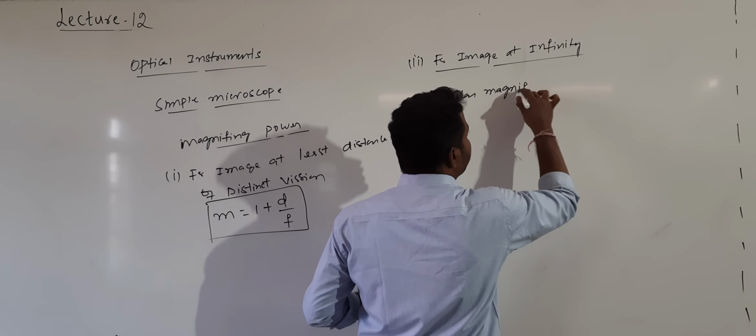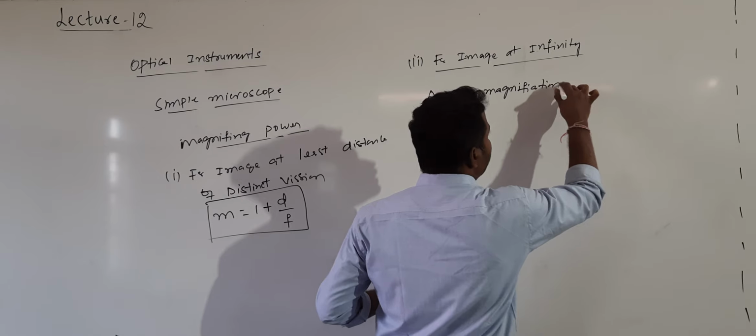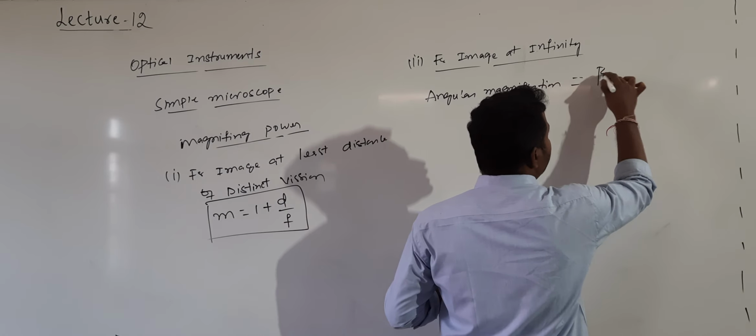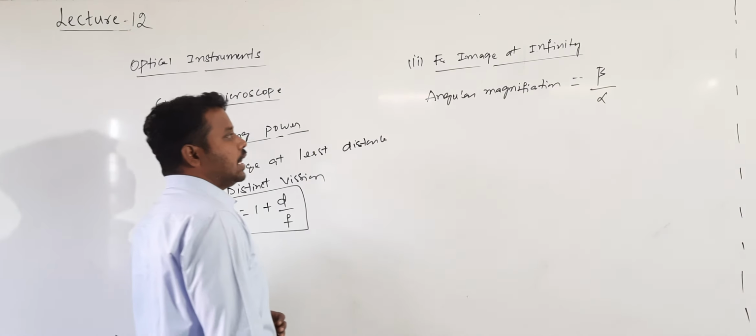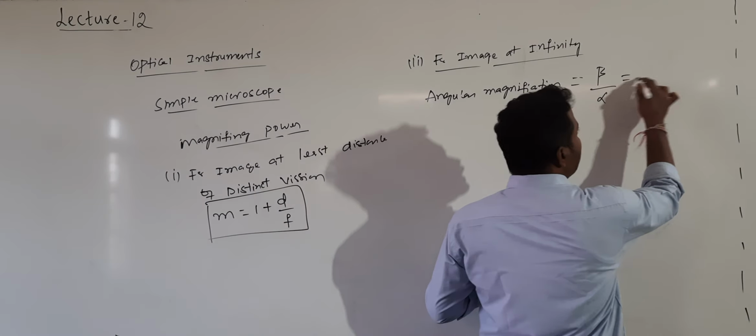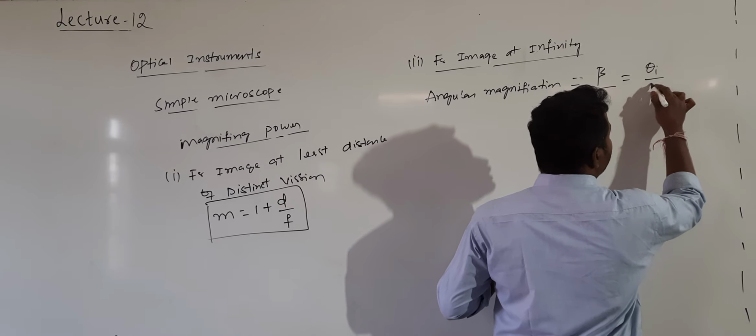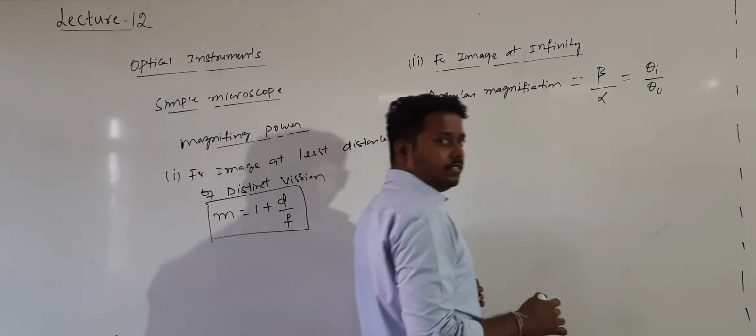Angular magnification is the ratio between the angle subtended by the image to the object, beta divided by alpha, or otherwise the angle subtended by the image by the angle subtended by the object.